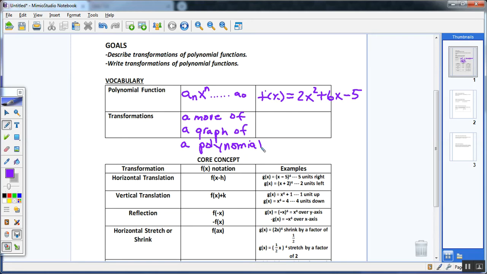So it's like some kind of a shift, up or down, left or right. Might be a vertical stretch, a horizontal stretch. Might be a vertical shrink, horizontal shrink. It's just some kind of a movement. All right, we've talked a lot about this.